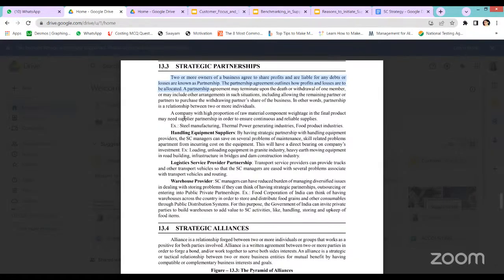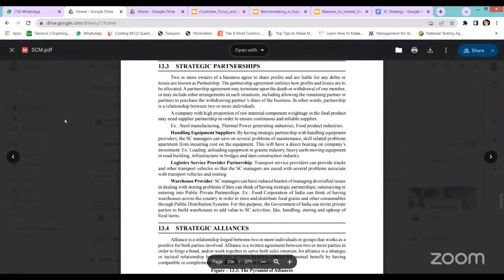So a company with a high proportion of raw materials component weightage in the final product may need a supply partnership in order to ensure continuous and reliable supplies. So if a company has a high proportion of raw materials, and the raw materials used for its final product are required in a high proportion, and the component weightage is more, then the company will enter into a supplier partnership with the suppliers, so that it ensures the continuous, reliable supply of the material.